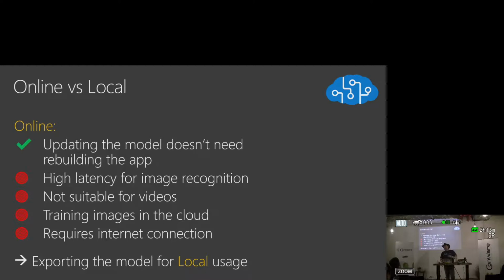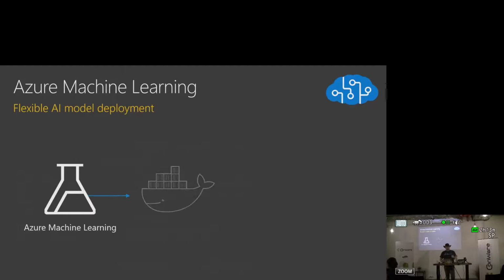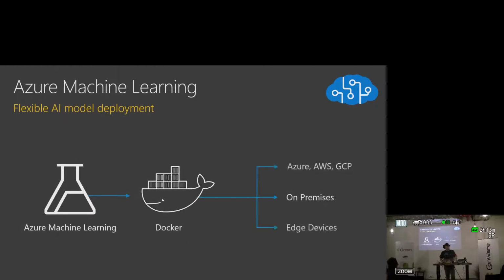So that's why we also have the possibility to export those models for local usage, for offline usage. So that is always possible with cognitive services, but also if you train your own model, you're also able to export it in different formats that you can use, okay? And then once you have, for example, a popular format is of course Docker, a container format, okay?